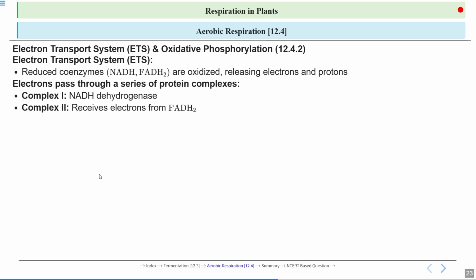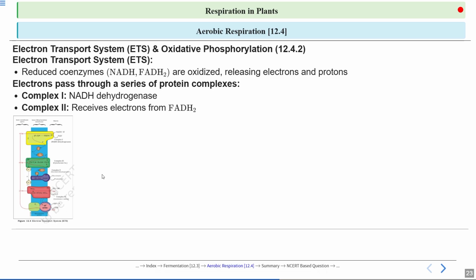So both NADH and FADH2 have their own entry points into the electron transport chain. Here in the image you can see this is complex 1, that is NADH dehydrogenase, where the electrons enter, and this is complex 2, which is succinate dehydrogenase, which receives electrons from FADH2.